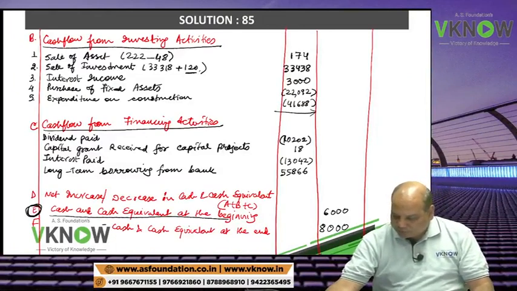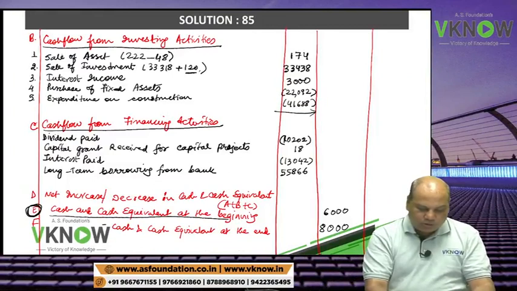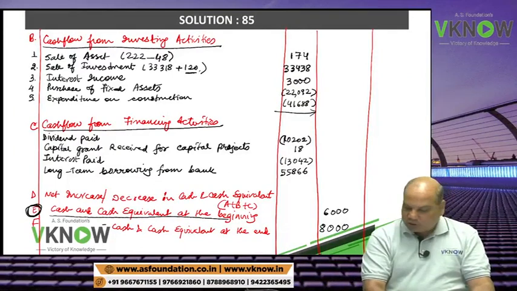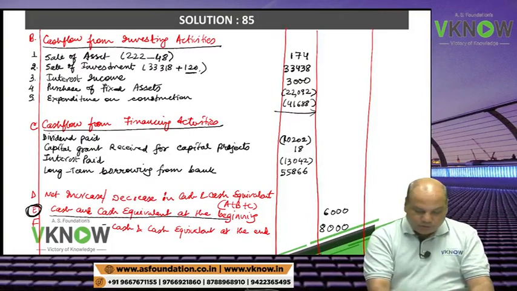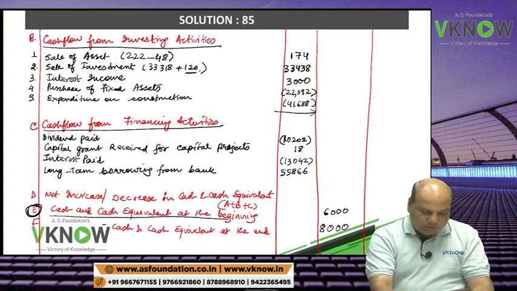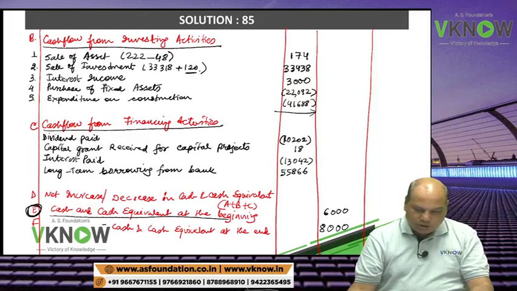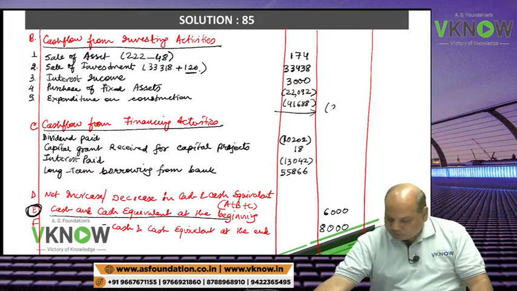Investing activity. Take the total in the outer column. Investing activity: 174 plus 33,438 plus 3,000 minus 22,092 and minus 41,688. So again negative 27,168.